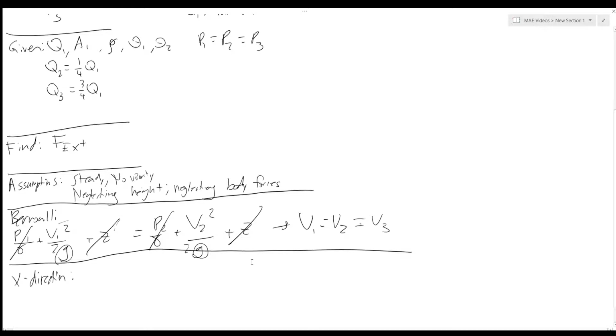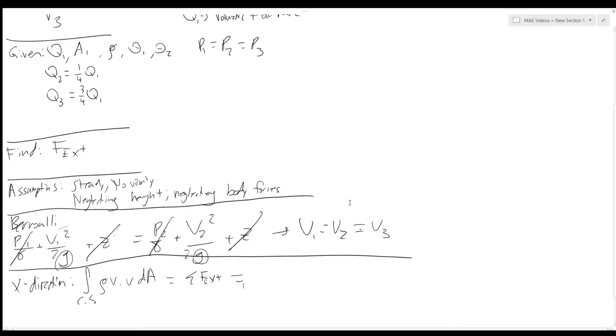We get the integral over the control surface of rho v dot v dA is equal to the sum of external forces. Now we're going to do it about each surface. This first surface becomes negative Q, which remember Q equals v times A, times rho times v1, and we can find v1 as Q1 divided by A1.